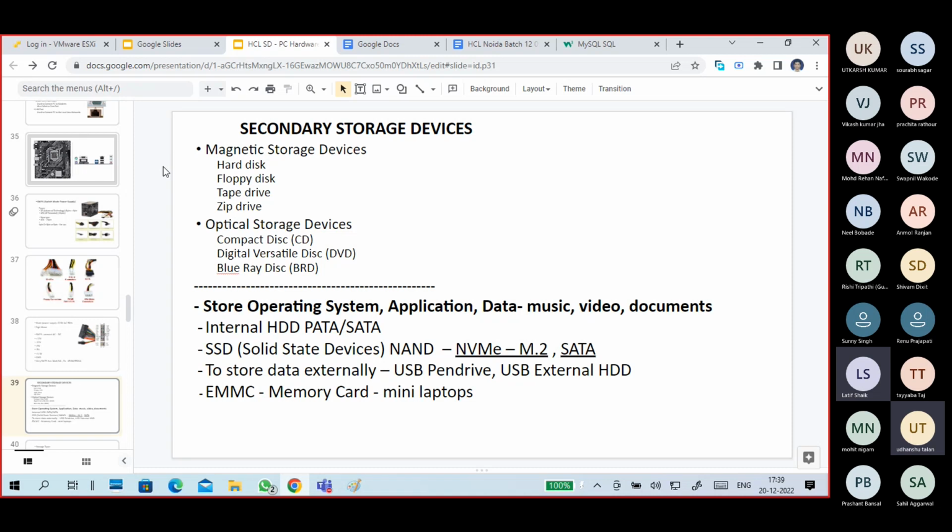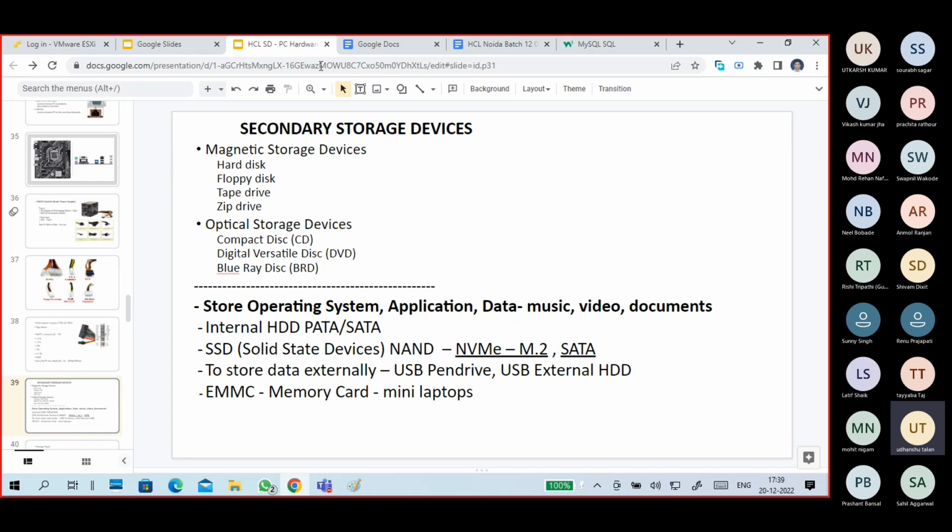We have a mobile phone with 64 GB internal memory, 128 GB internal memory. Where is the data stored? eMMC onboard chips are on your mobile phone. There is a small chip, that is the eMMC chip.